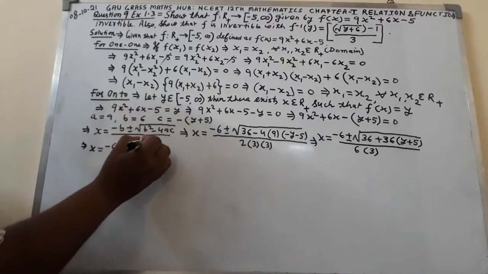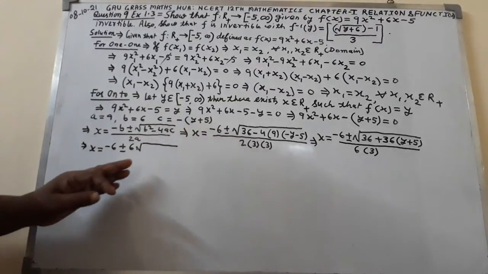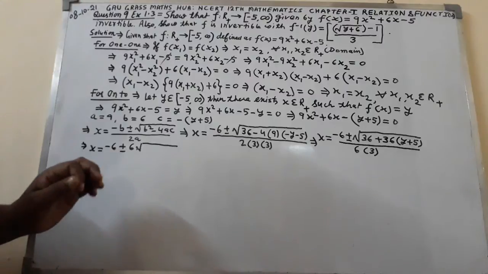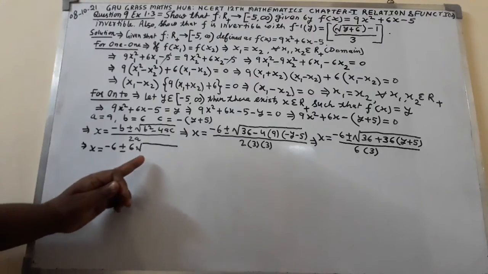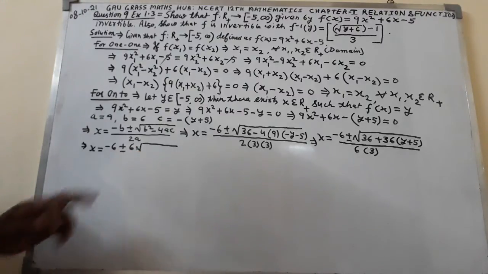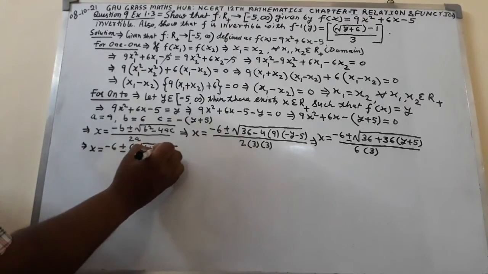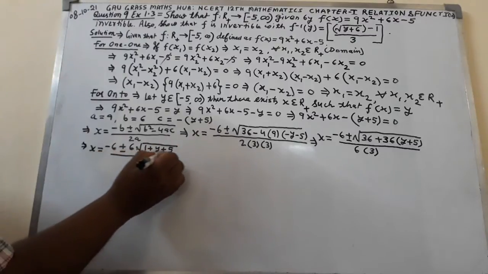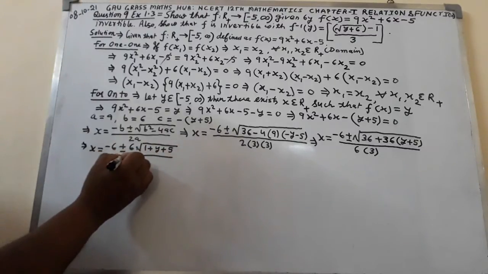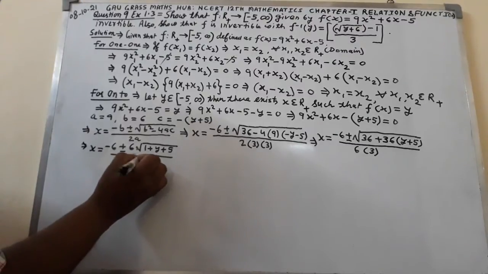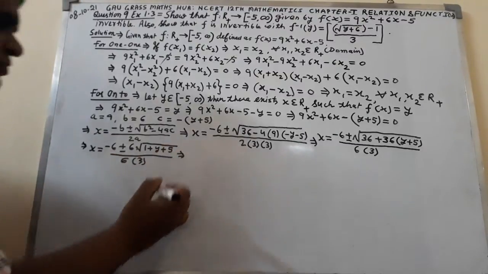In bracket we will get under root 1 plus y plus 5. This one thing we will get, whole over 6, we will get here 3.